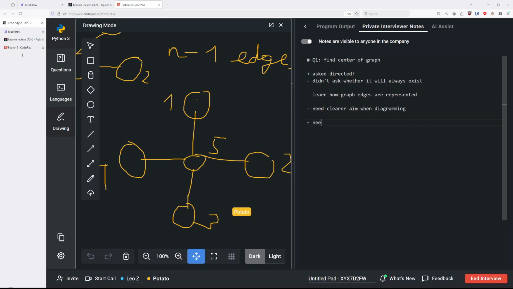Yep, I agree. So the center node is the only node which has the property of having n minus 1 edges.